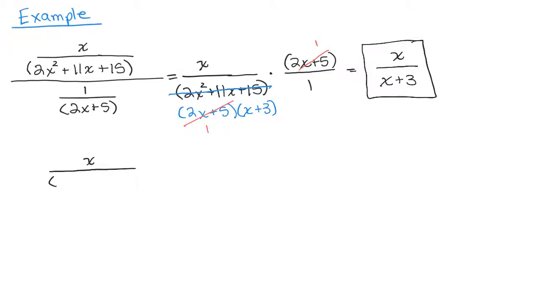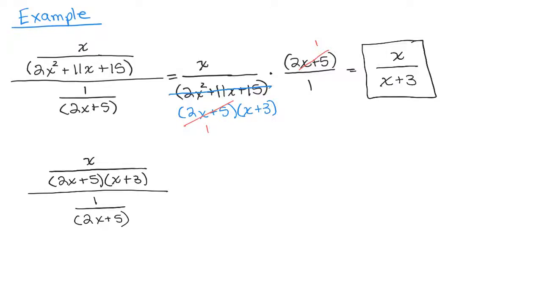So again, you would do this on your scratch paper, figure out the factors using any method for factoring, and that would be the same thing as x over 2x plus 5 times x plus 3. And now the denominator, there's only one factor in the denominator of this fraction, so there's nothing to factor, 2x plus 5.